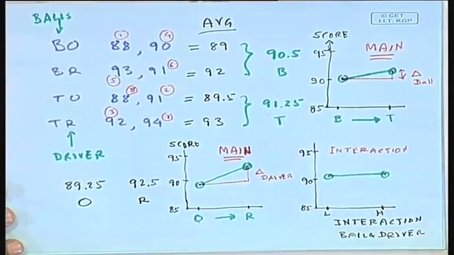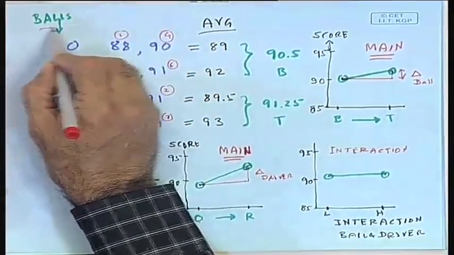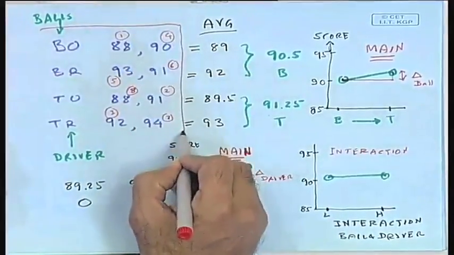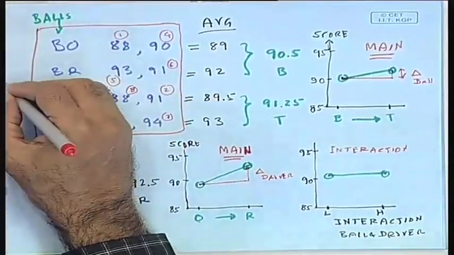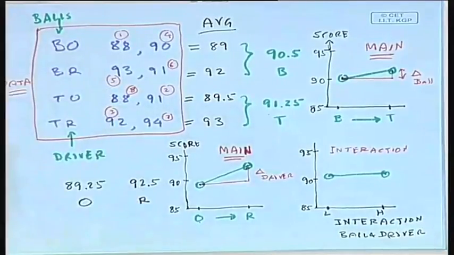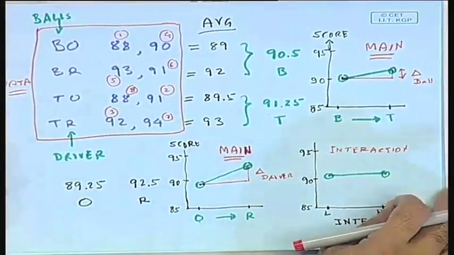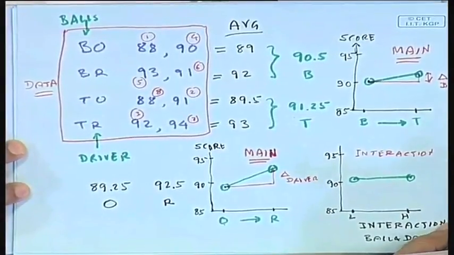Let's put that within a red zone. My experimental data are right here. That's where my data is. And if I shift the thing a little bit, you'll be able to see I wrote data there.